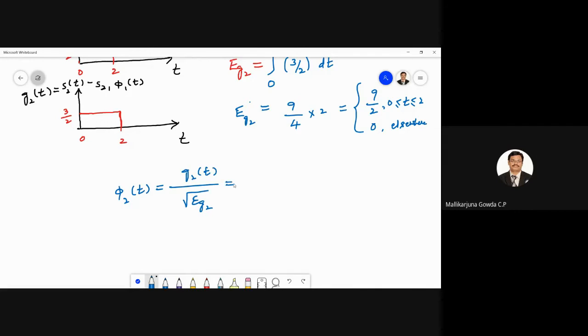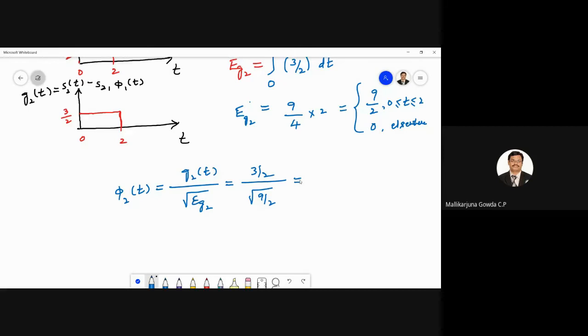So the value of G2 of t, anyone can say, is how much? 1.5. Yeah, 3 by 2, and square root of 9 by 2. So what can I write? 1 by root 2, right?